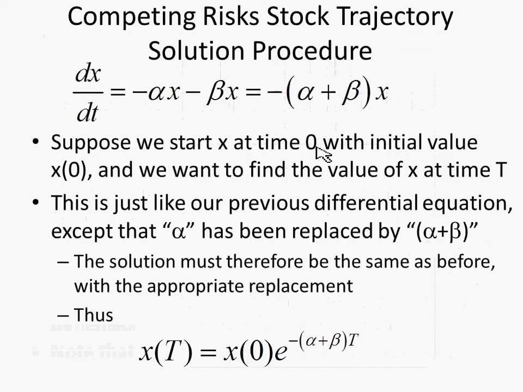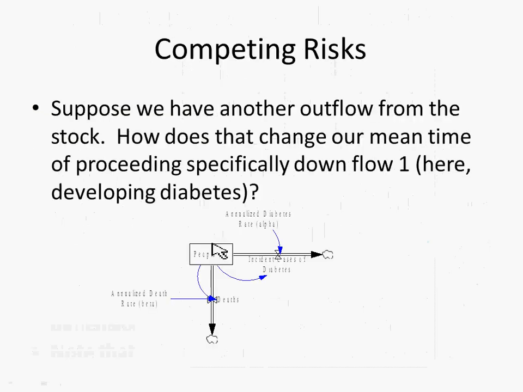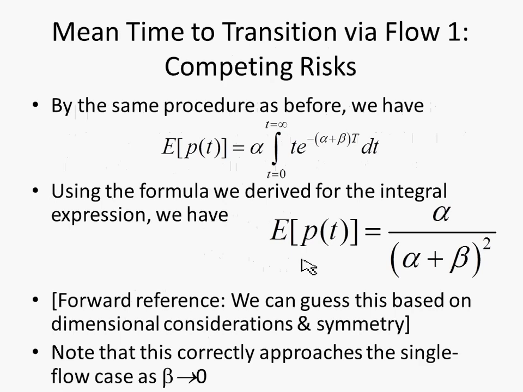The higher the rate of mortality, the higher the chance someone will go in the outflow on the lower side. We'll be getting only people who go quickly this way. It doesn't give a lot of time for someone to develop diabetes, so it's going to affect the average time with which someone goes down this flow as well.